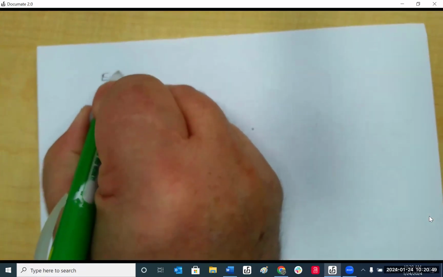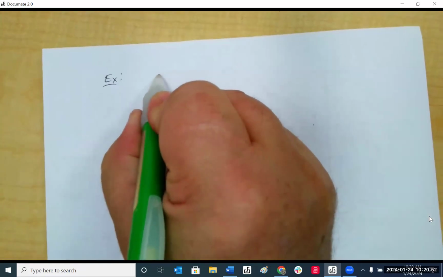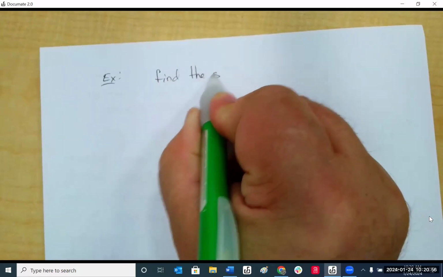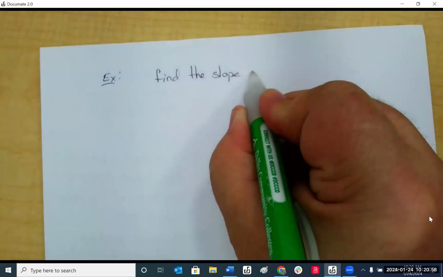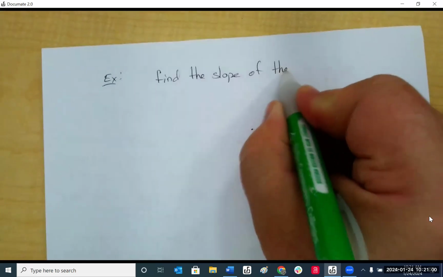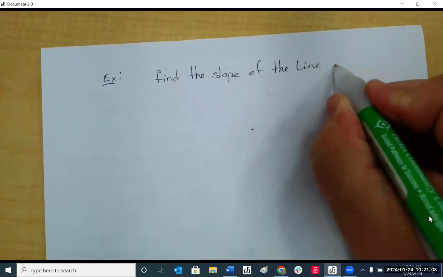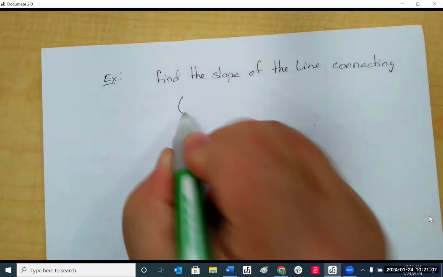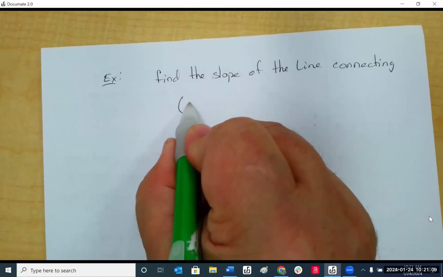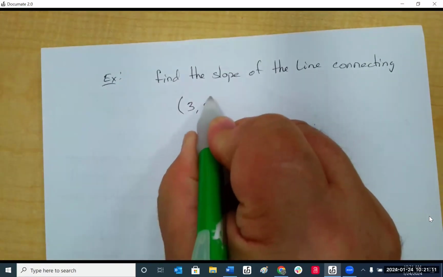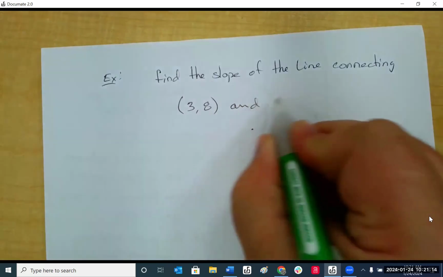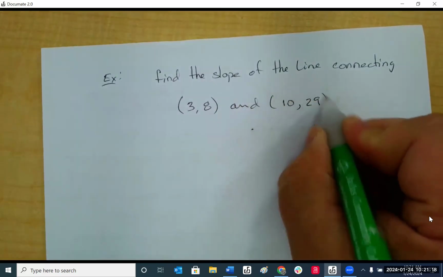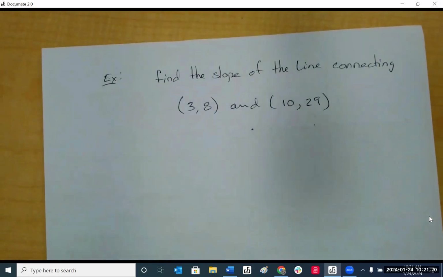You don't need graphs anymore. Find the slope of the line connecting those 2 points.